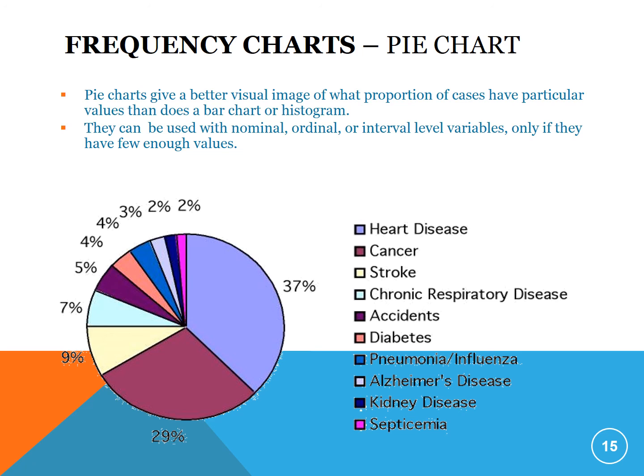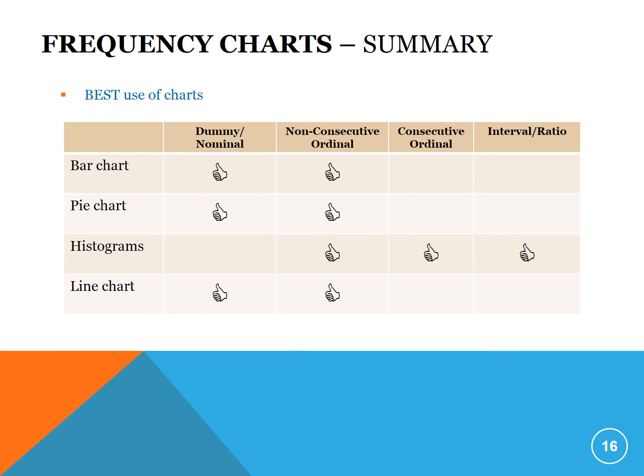And sometimes interval level variables if they don't have an infinite number of numbers to depict on a pie chart. Just a quick kind of rubric, best use of the charts, to use whenever you finally get to this section, maybe with your research assignments.